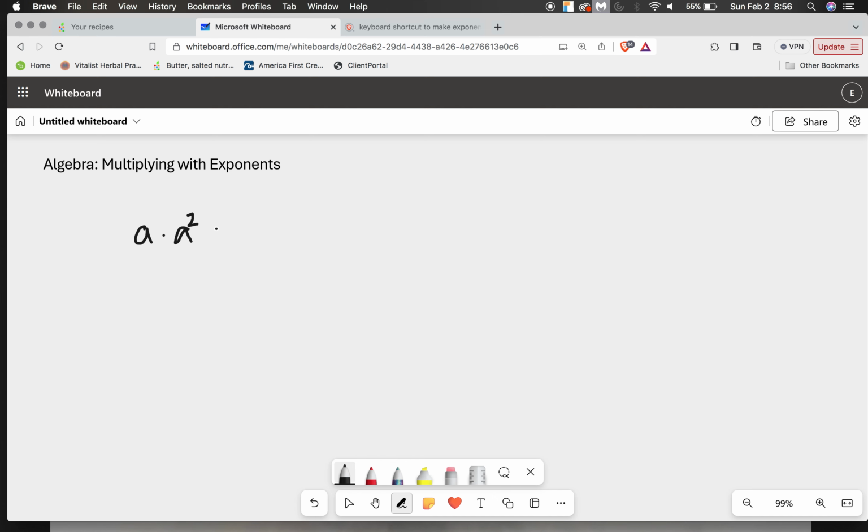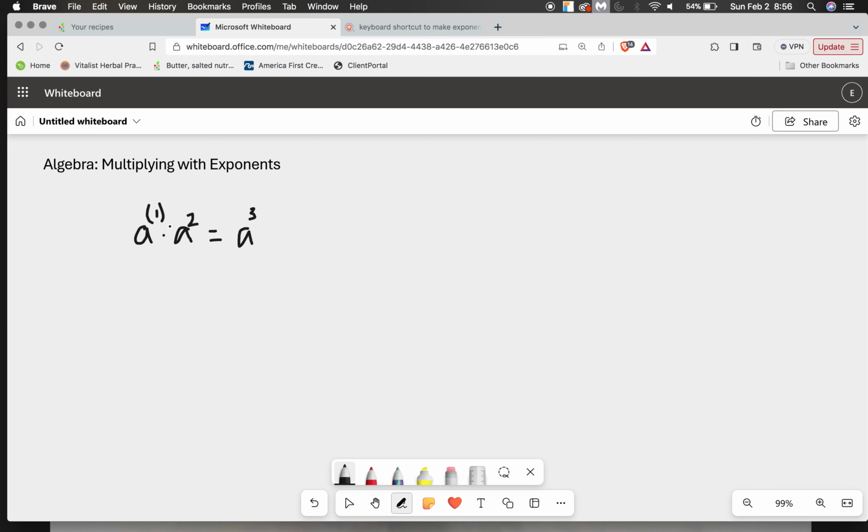What are we supposed to do there? Well, remember that for a single a, we could imagine an imaginary 1 up there because we have 1a. We just don't usually write it because it's a given. It would be redundant to put that 1 up there usually. But if we needed to, we could say a to the 1 times a squared would equal a to the third, because there would be 3 a's lined up waiting to be multiplied together.